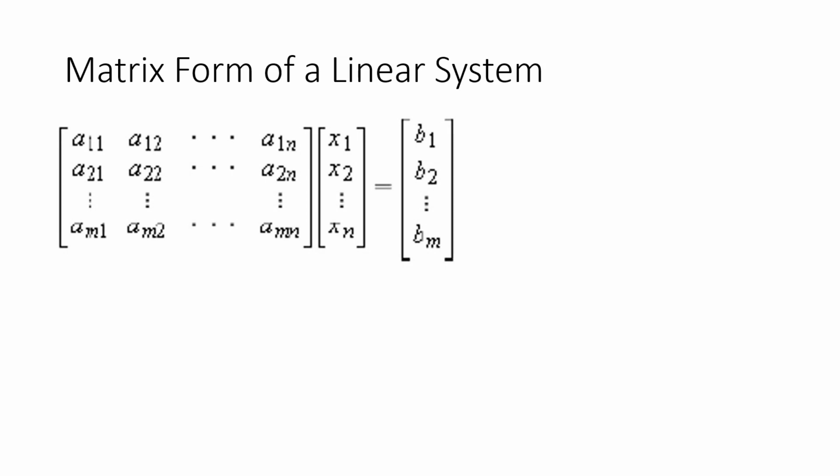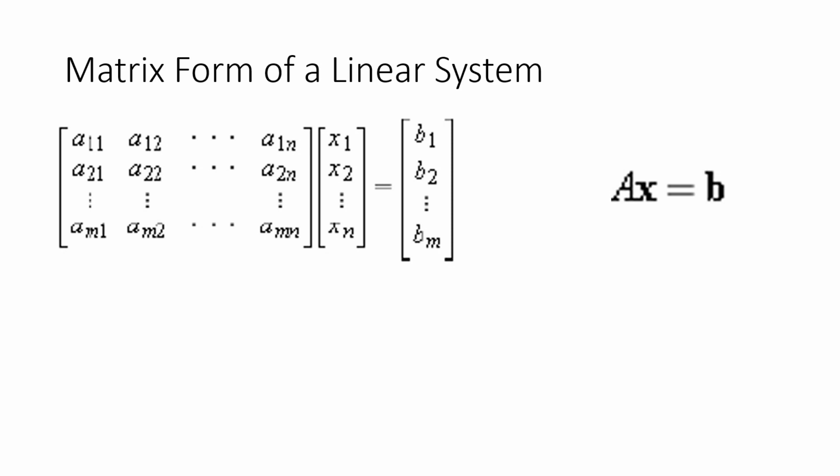If we designate these matrices by A, X, and B, respectively, then the original system of m equations in n unknowns has been replaced by a single matrix equation, AX equals B. The matrix A in this equation is called the coefficient matrix of the system.